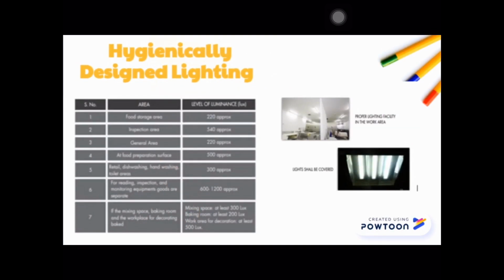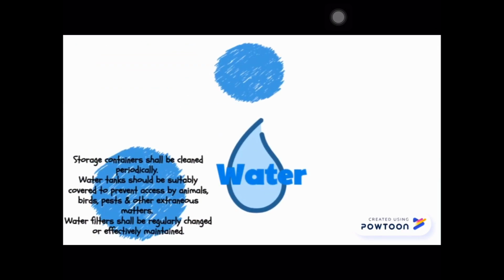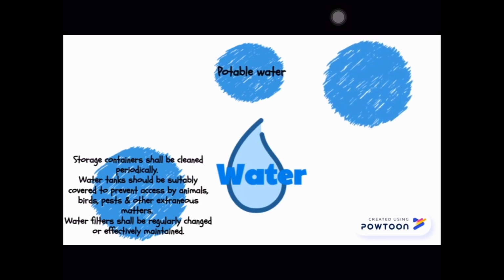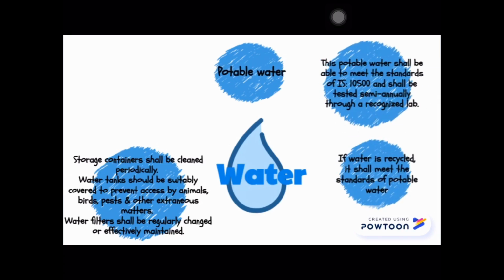The table shows the level of luminance accepted by several areas in the bread-making industry, whereas the pictures show that proper lighting is essential in working areas and it should be covered. Last but not least, water, specifically potable water.